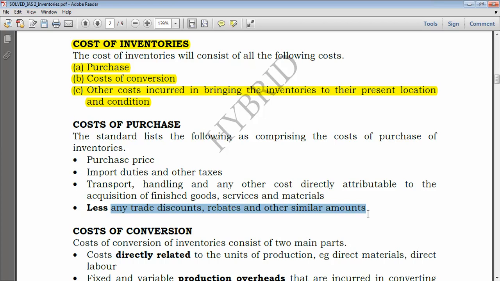Can you tell me the difference between trade discount and cash discount? Trade discount and cash discount? Yes. So the cash discount is like if you're buying for $100, you're getting it for $90, so $10 is the cash discount.